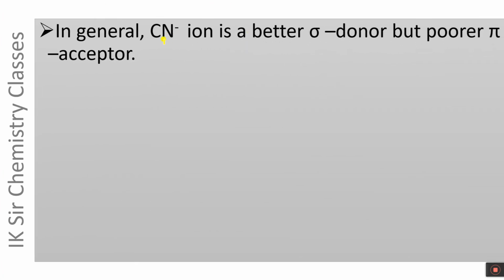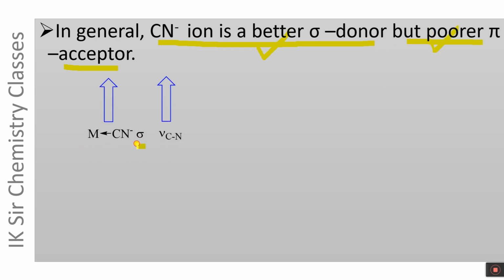In general, the CN⁻ ion is a better sigma donor but a poorer pi acceptor. CN⁻ is a good sigma donor but not a good pi acceptor.